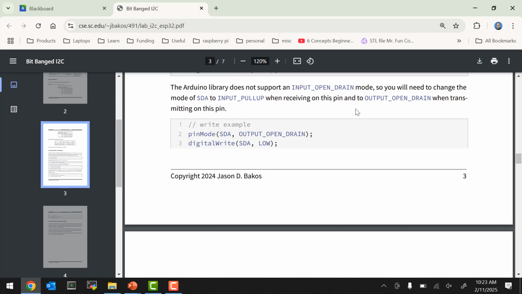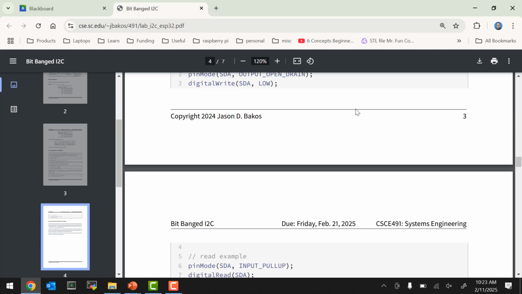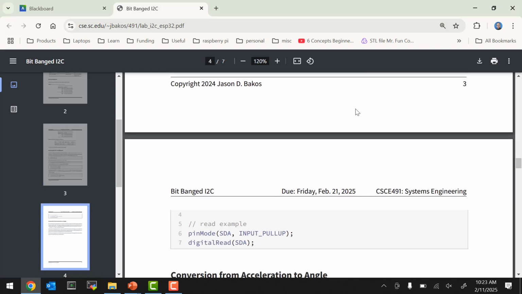You set the pin mode to output open drain when you want to drive, and when you want to read the pin, you set it to input pull up. So output open drain and input pull up are the two modes for the pin, depending on whether you want to read or write. And obviously you're going to have to change those within a single transaction, right?